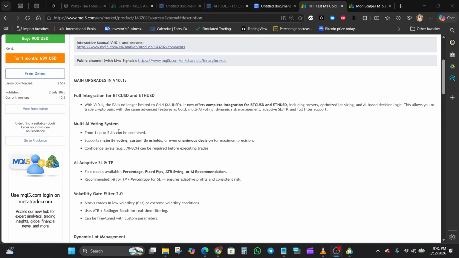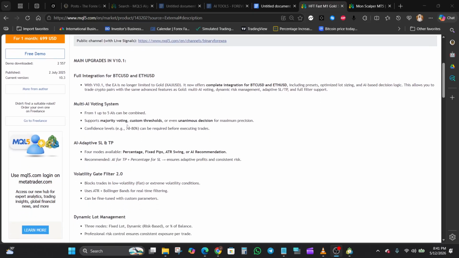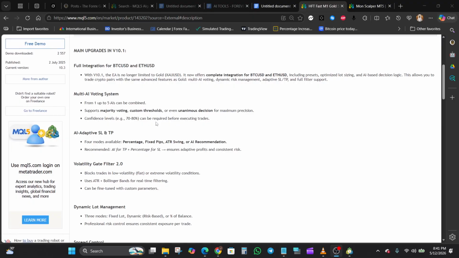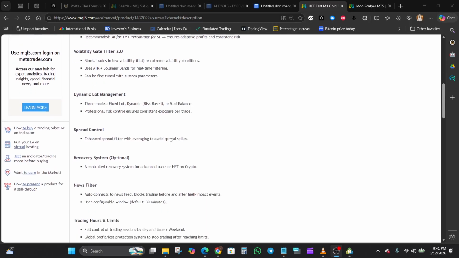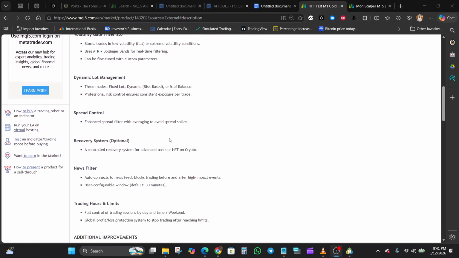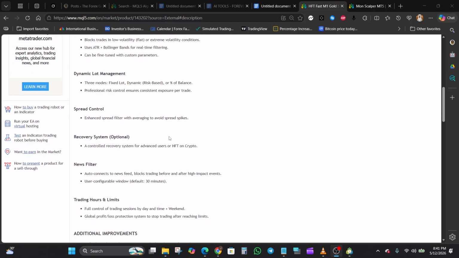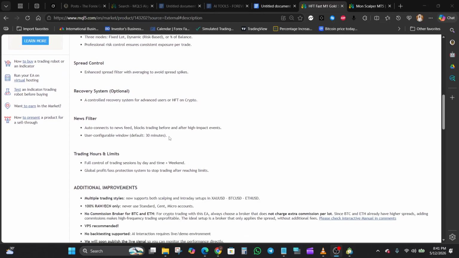There is also a volatility filter using ATR and Bollinger Bands to help block trades during extremely low or excessively volatile conditions. Alongside that, the EA includes spread filtering, dynamic lot sizing modes, trading session controls, global profit and loss protection, and a configurable news filter that can pause trading around high impact events.